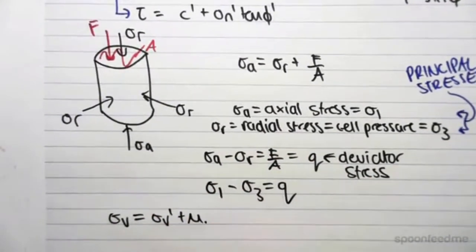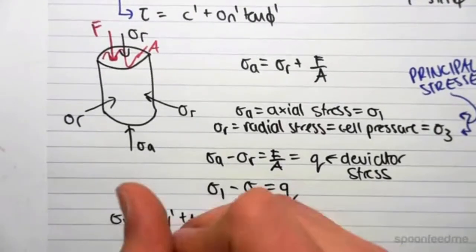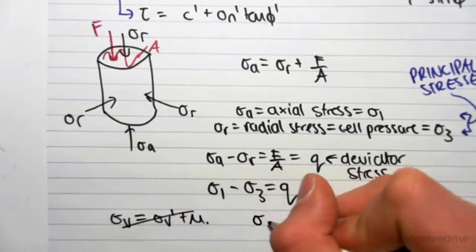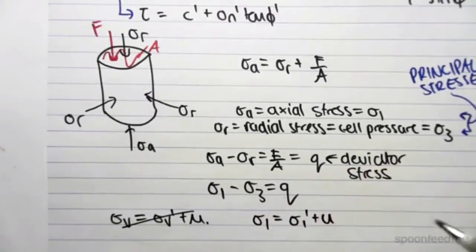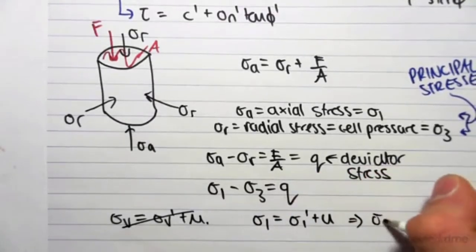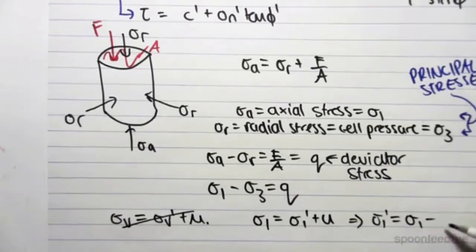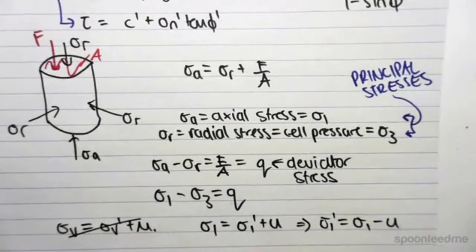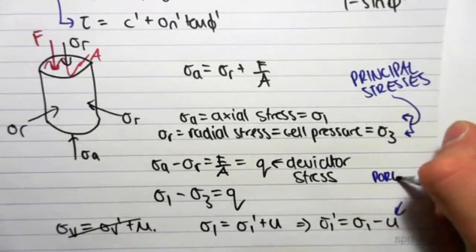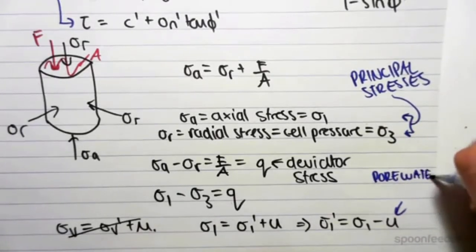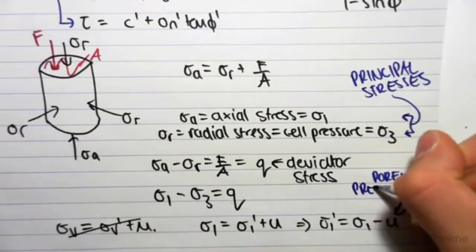So in terms of our principal stresses, we can say that sigma 1 equals sigma 1 dash plus U, which we can rearrange to get sigma 1 dash equals sigma 1 minus U, where U is the pore water pressure at failure.